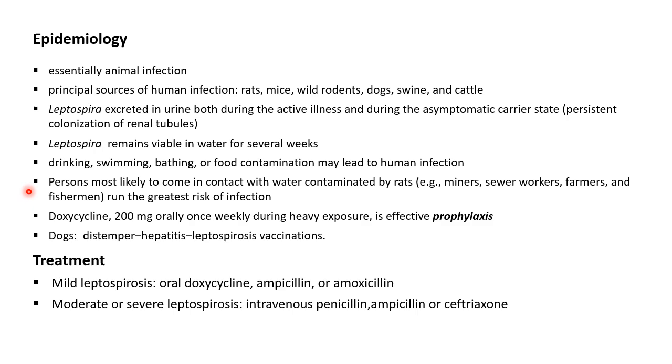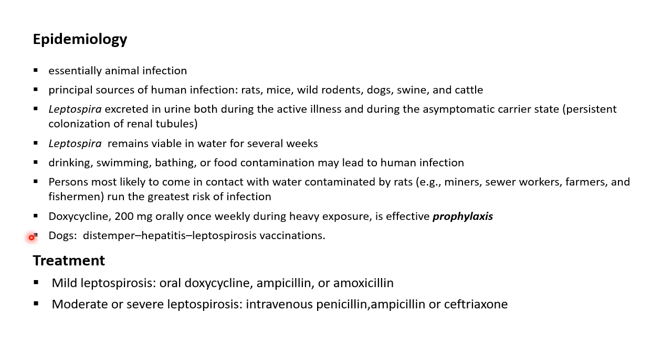Persons most likely to come in contact with water contaminated by rats, such as the miners, sewer workers, farmers, and fishermen, run the greatest risk of infection. Doxycycline in a dose of 200 milligrams orally once weekly during heavy exposure is effective for prophylaxis. Vaccines are also available for dogs to prevent the infection with Leptospira.